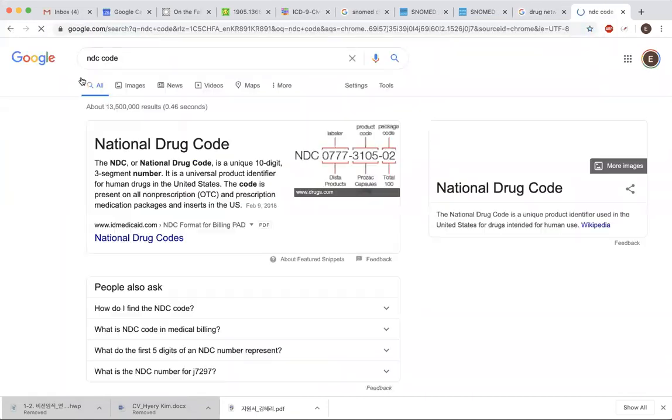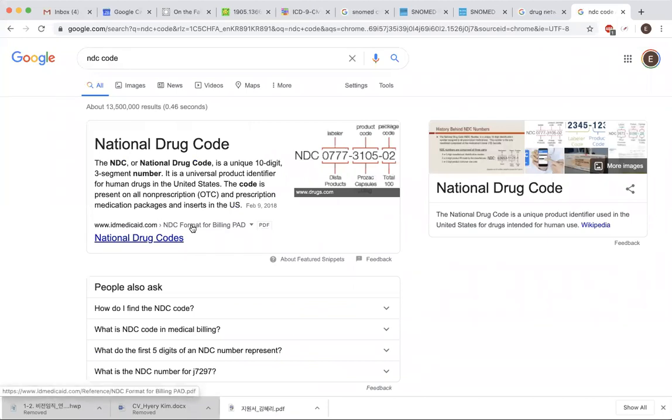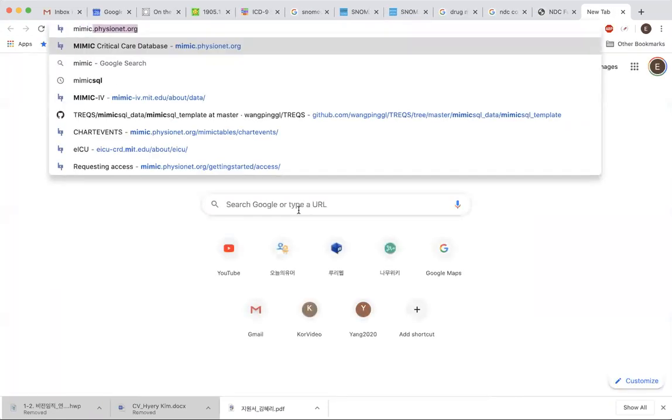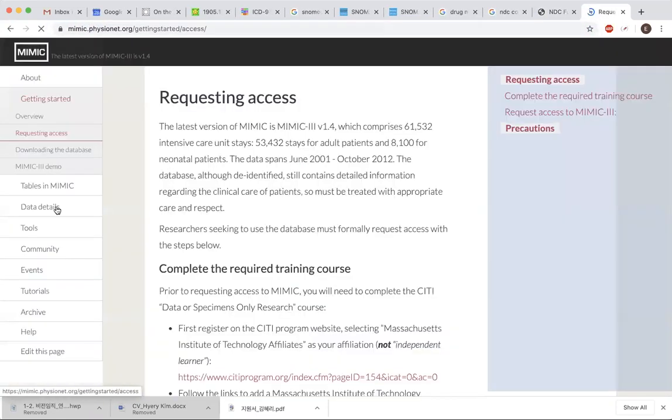NDC. All right, so national drug code. This is another type of domain knowledge. When you were pre-processing MIMIC-3, in the prescriptions table, there were different types of drug names.